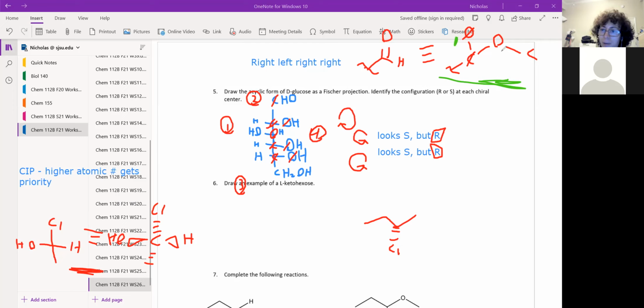But then you still have one more oxygen. So because you have one more oxygen up here, that has a higher priority. So the top is going to be 2 still. And then if you draw an arrow from 1 to 2 to 3, it's going clockwise this time. So it looks like it's R, but it still flips, so it's going to be S.